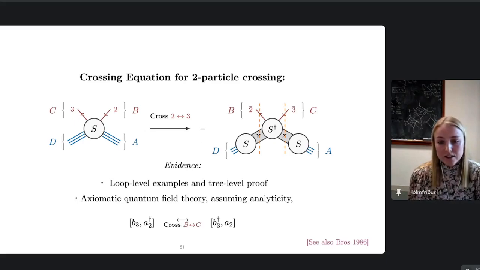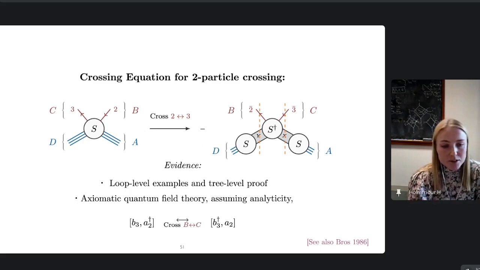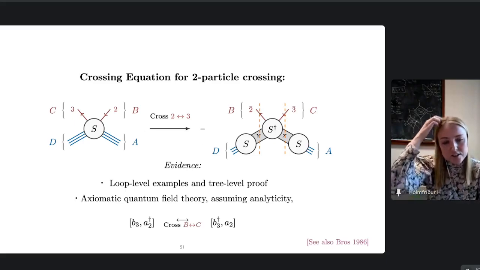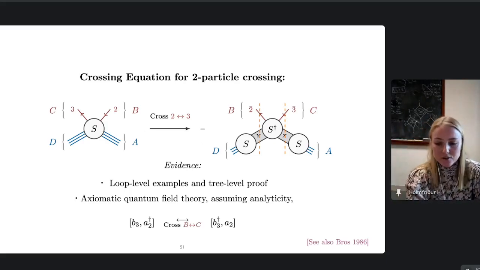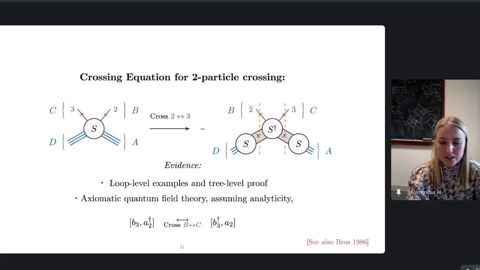If we assume that the path of analytic continuation exists, then more practically we can take two of these operators, one a future operator and one a past operator, one creation and one annihilation operator, and the crossing changes the undaggered ones to be daggered and vice versa. Writing this out for this process gives you this picture on the right.